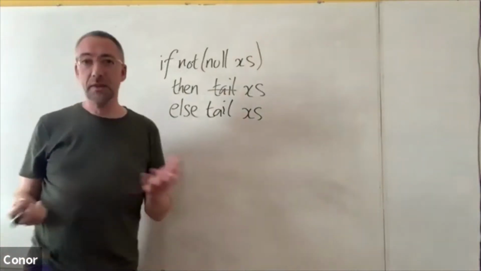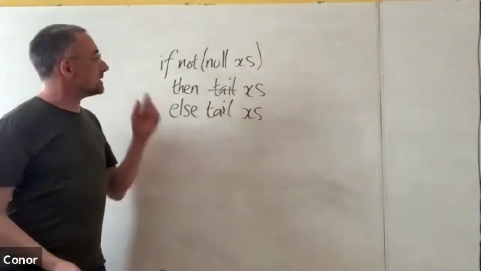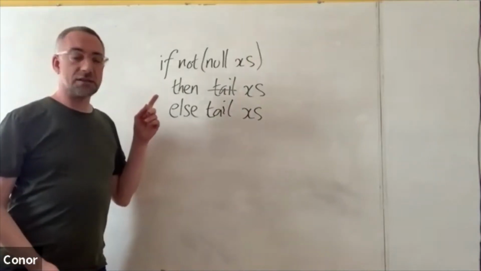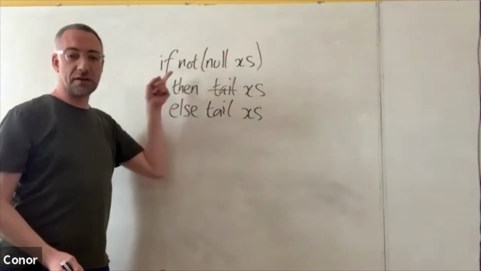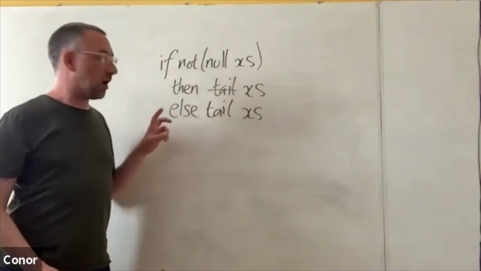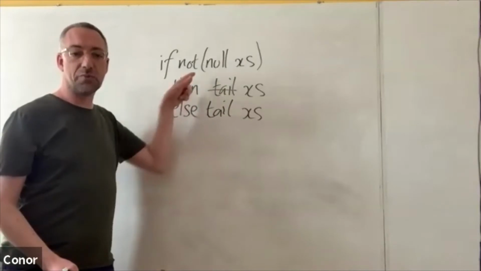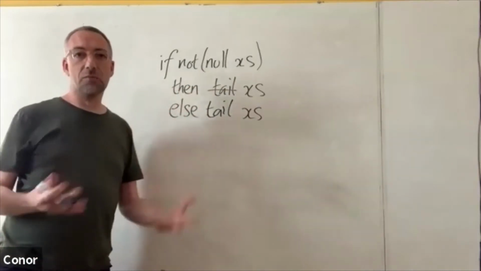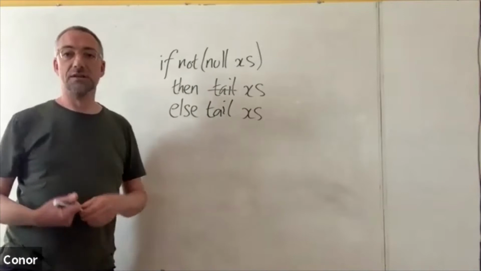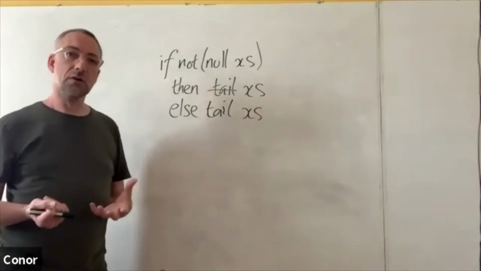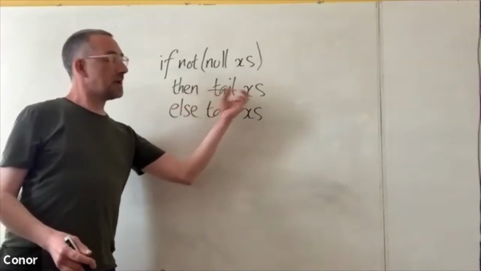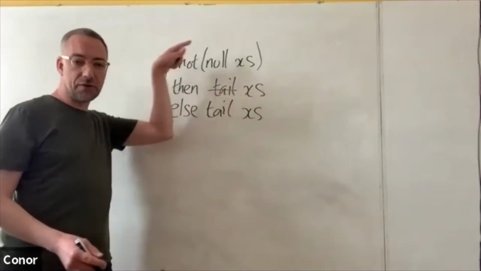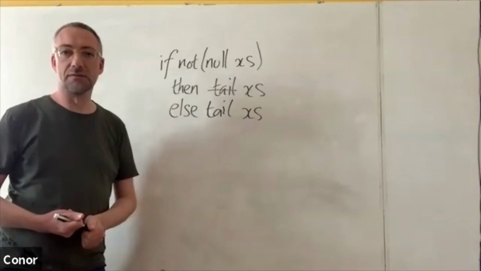But the problem here really is that there's some sort of connection between the test that is being done here and what behavior makes sense in the two branches. And the normal typing rule for if then else doesn't take into account in what way things make sense in the two branches relative to the condition.